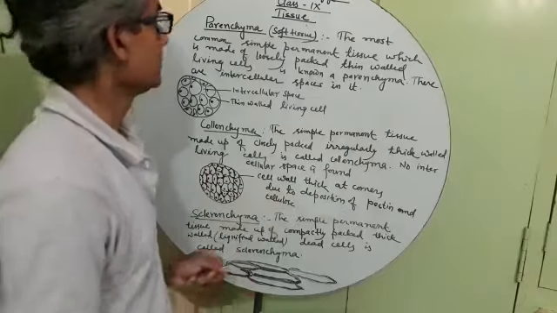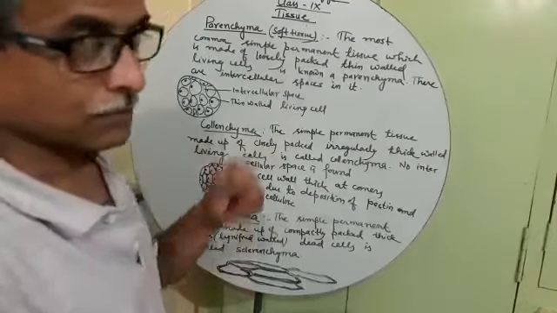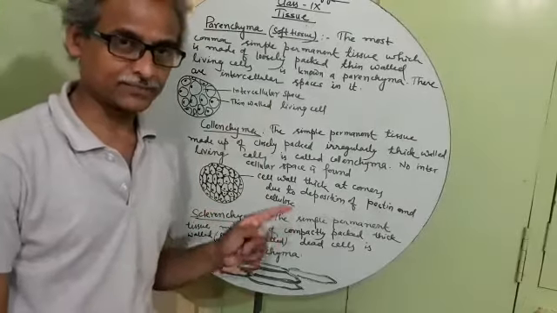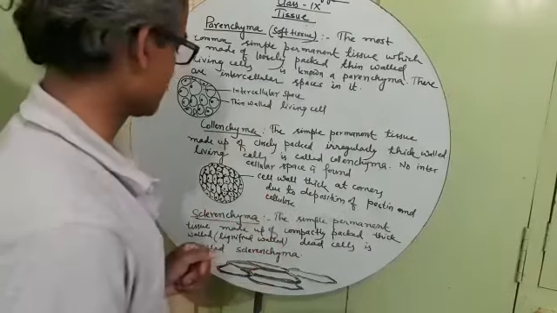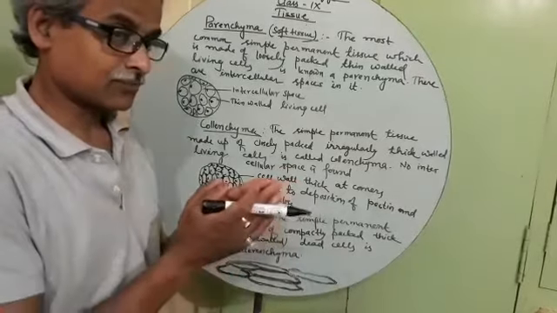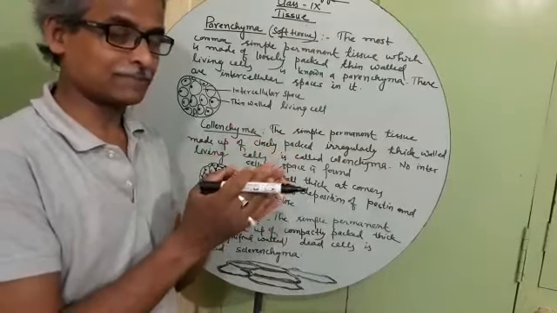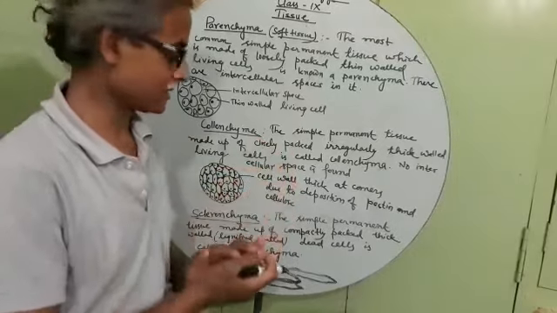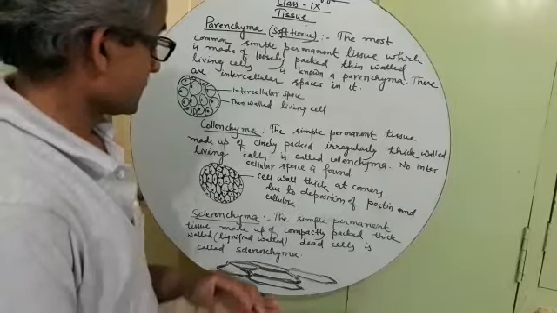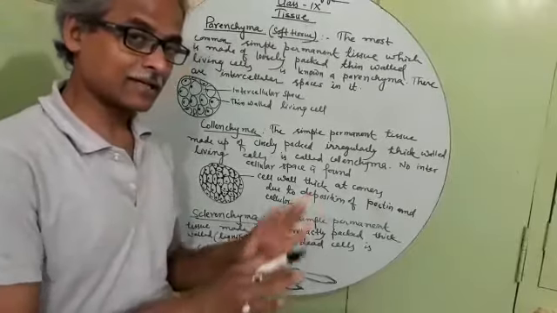The third simple permanent tissue is sclerenchyma. It is made up of dead cells. The cells are very closely packed, that is compact arrangement is found here. Cell wall is thick everywhere.